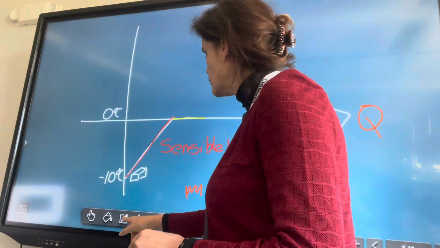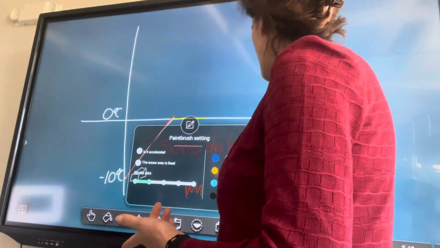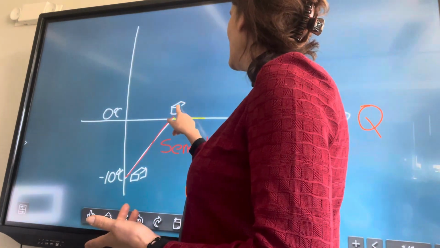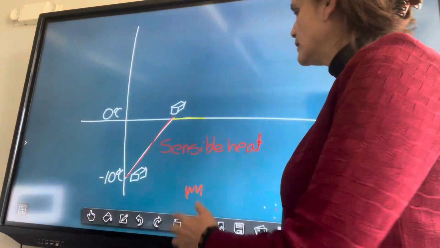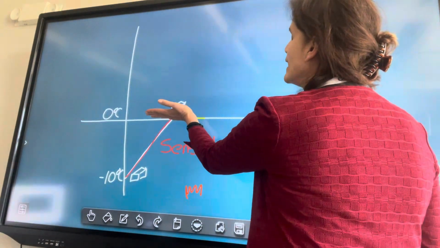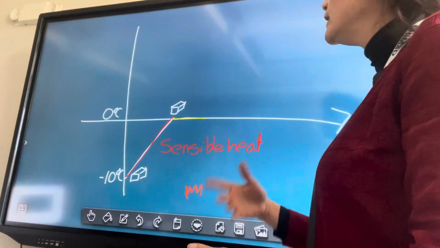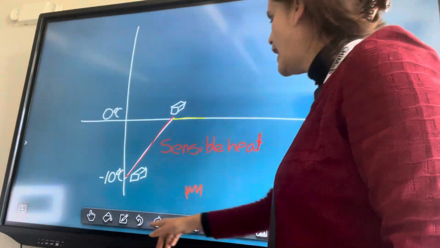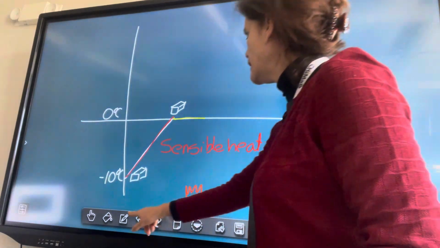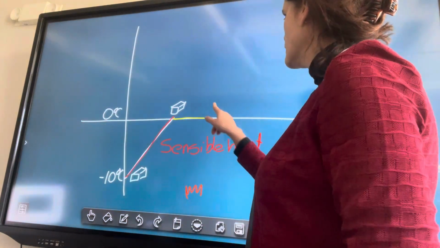At that point, I still have ice. I can have ice at 0 degrees, but if I continue to add heat, to put like a fire, to put my hand, it's going to continue giving it energy, and the ice is going to turn into liquid water.